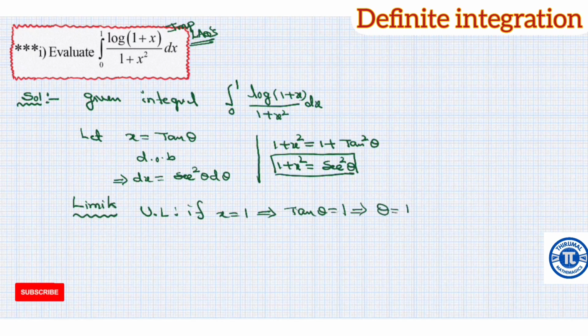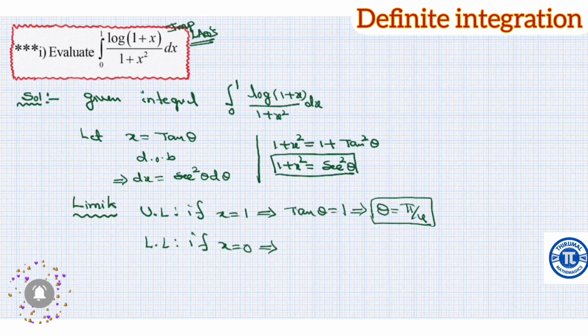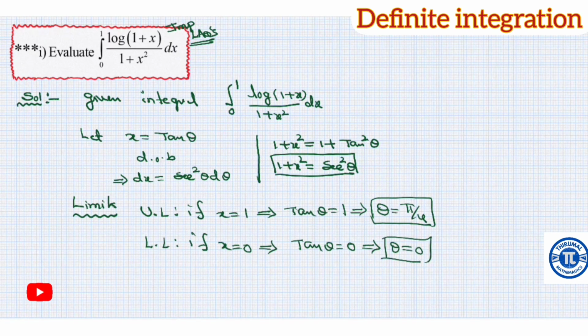We know that tan 45 degrees is 1, so theta equals pi by 4. Similarly, for the lower limit: if x equals 0, then tan theta equals x equals 0, which implies theta equals 0, the lower limit.